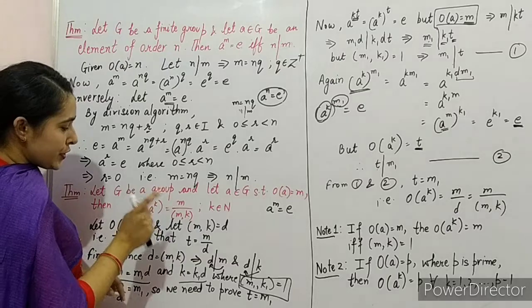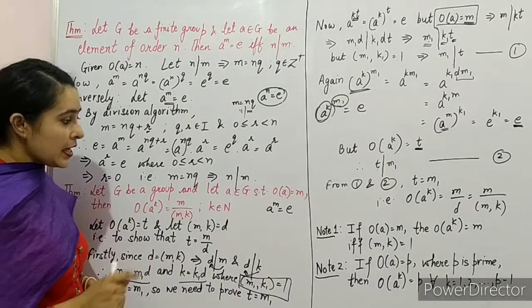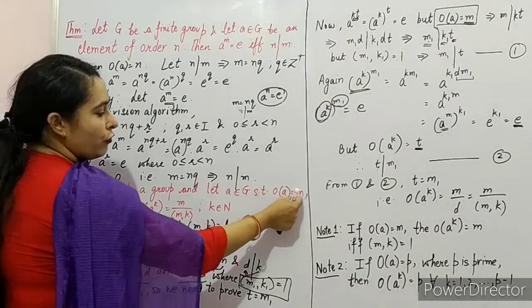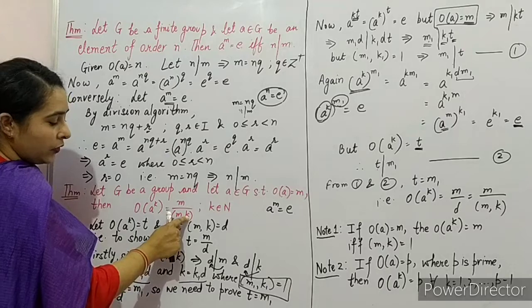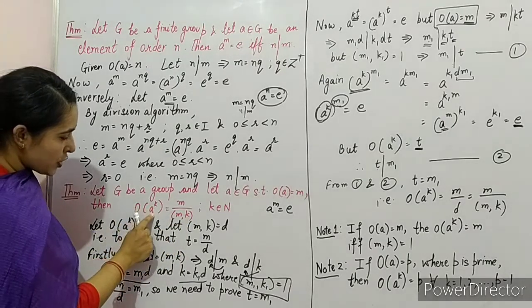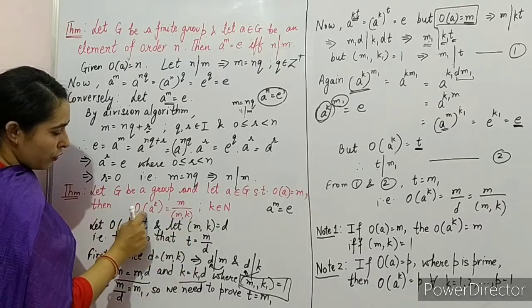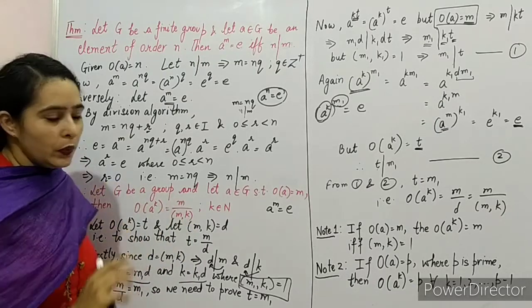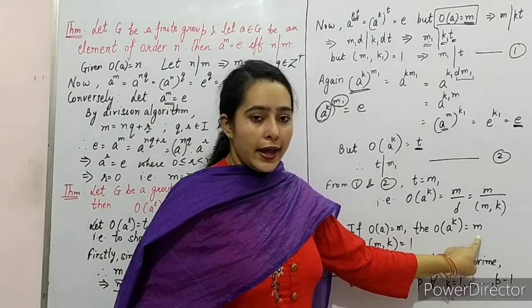Now if GCD of m and k is equal to 1, that is, GCD of the order of a and this power of a is equal to 1, then what do we have? We have the order of a raised to power k is equal to m upon 1. That is, the order of a raised to power k is equal to m.